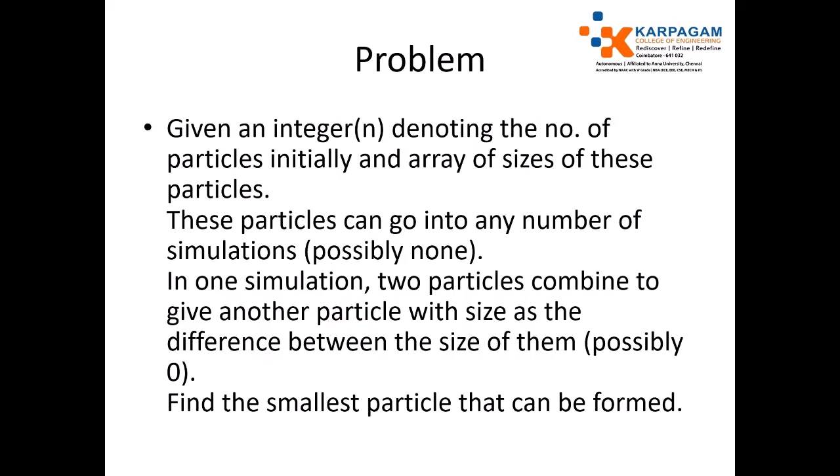Start with the problem. Given an integer n denoting the number of particles initially, and an array of the sizes of these particles. These particles can go into any number of simulations, possibly none or 0.